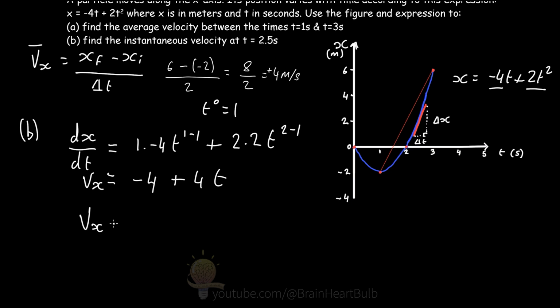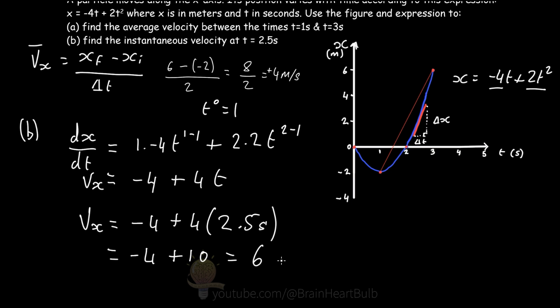So Vx is equal to minus 4 plus 4 times 2.5 seconds. That equals 6 meters per second, positive.